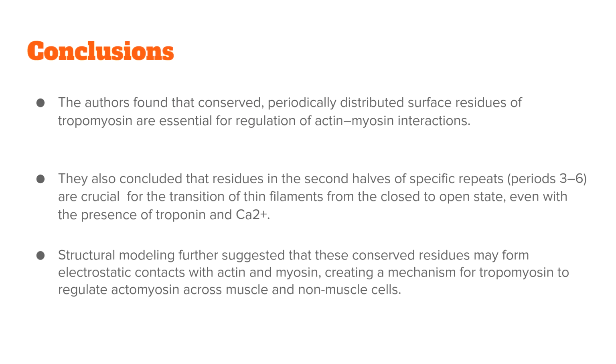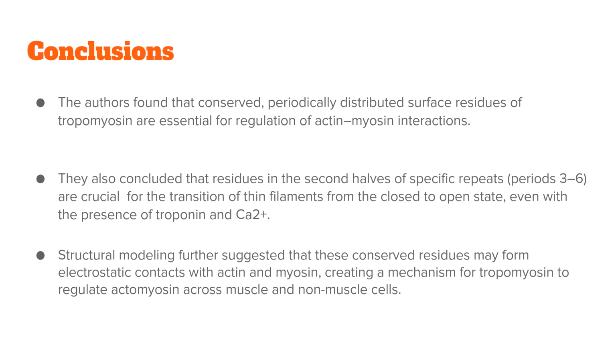So what can we take away from all of this? What we think are three main takeaways that the authors found from all the research done for this study. First of all, the authors found that conserved periodically distributed surface residues of tropomyosin are essential for the regulation of the actin-myosin interactions.